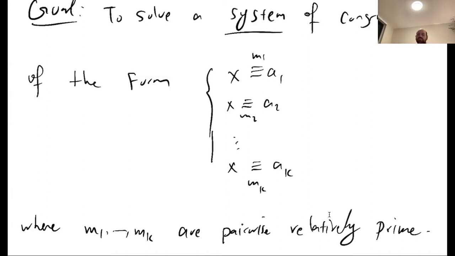Okay, so in elementary school and middle school, first you learned how to solve one equation, let's say 2x equals 5, for example. But after that, you learned how to solve a system of equations. Let's say, for example, two equations with two unknowns, for example, x plus y equals 1 and 2x plus 5y equals 6.